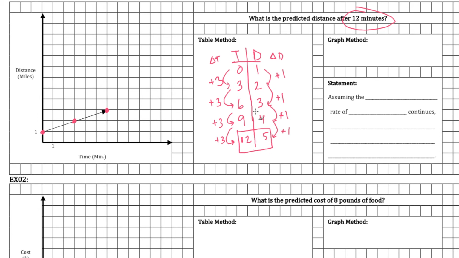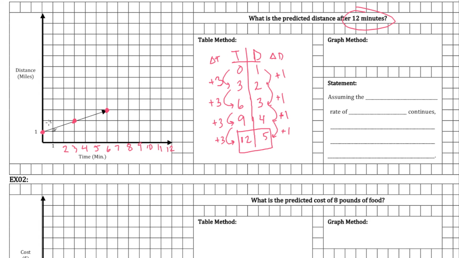That's not bad. But it's kind of cumbersome in some ways. I mean, it's fine, it works. But let's try to get to 12 using the graph. So this is 2, 3, 4, 5, 6, 7, 8, 9, 10, 11, 12.